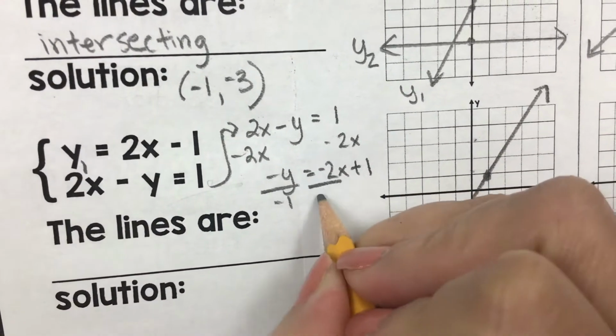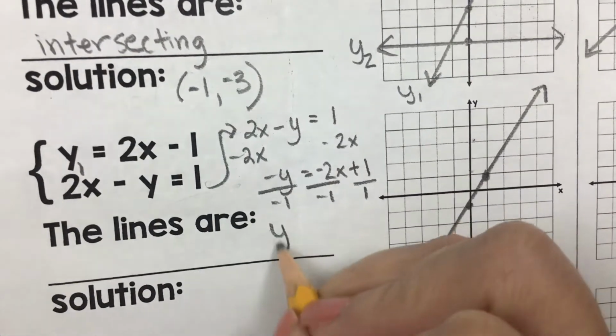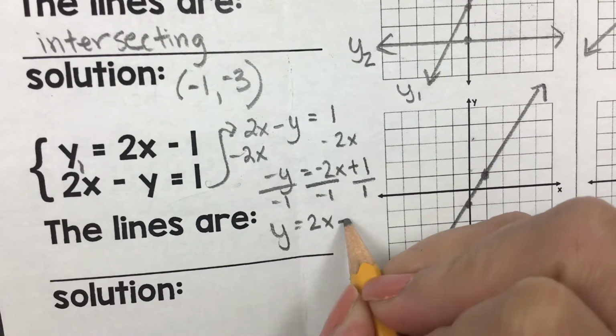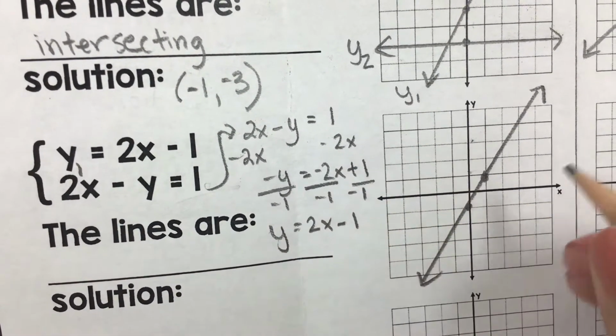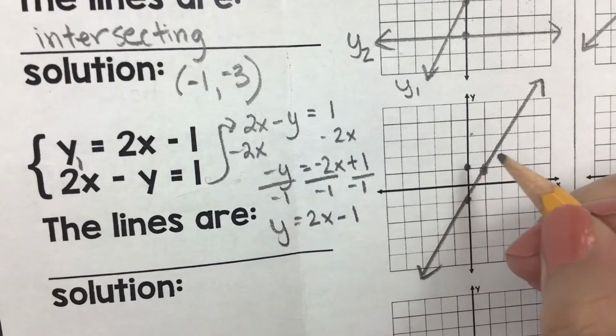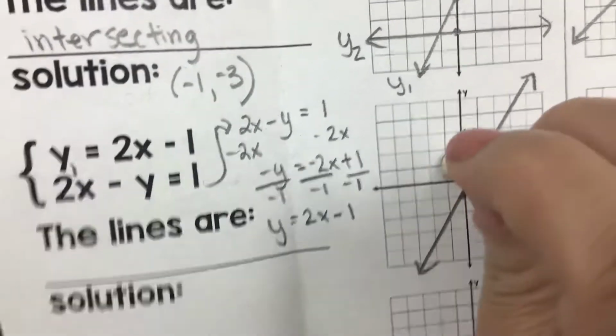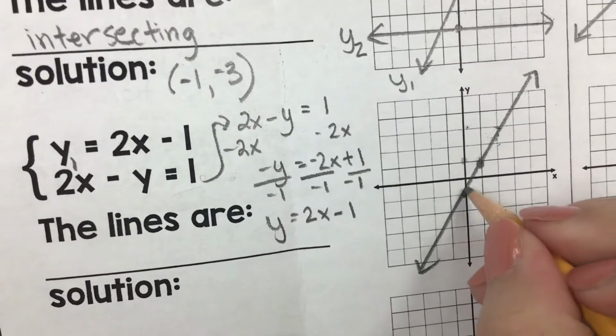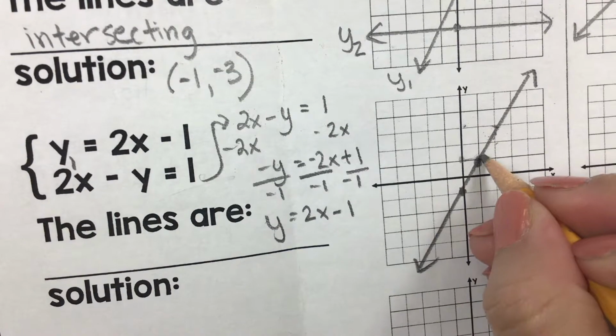Don't forget to divide by that -1. So we start at the -1, and this will go up to the right 1.